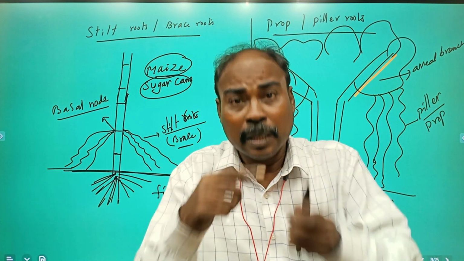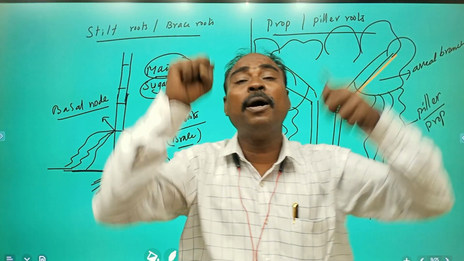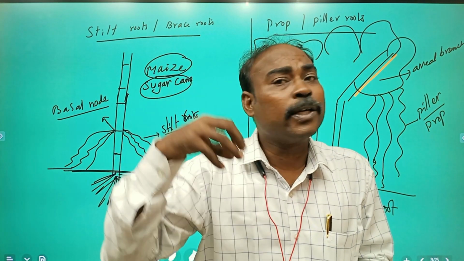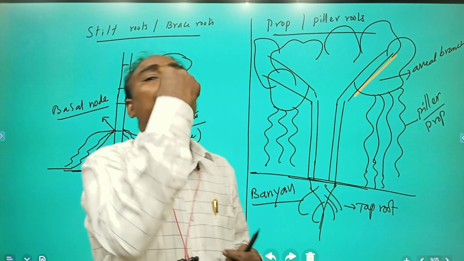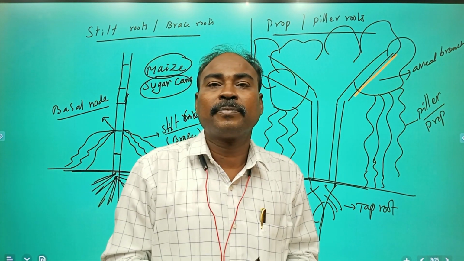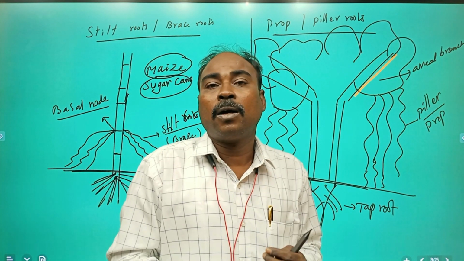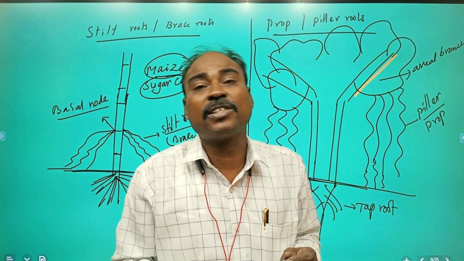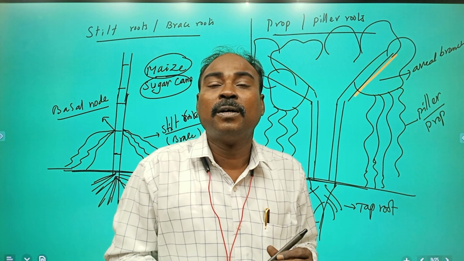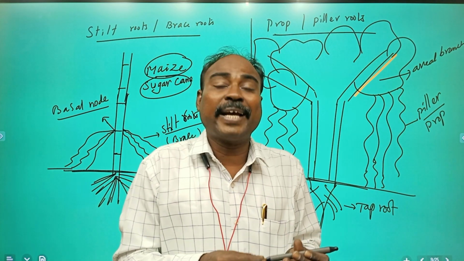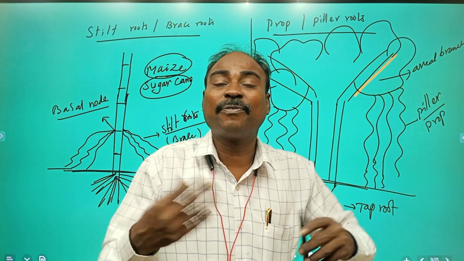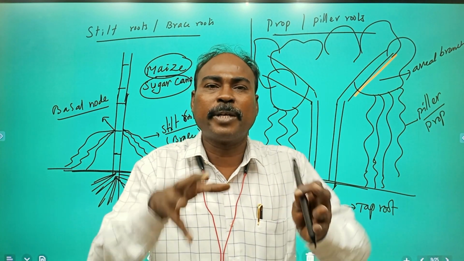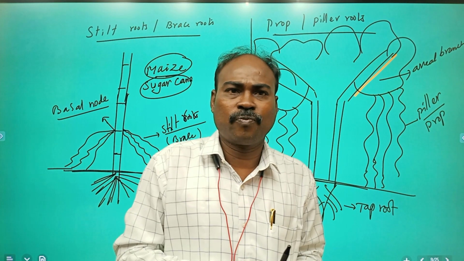In respiratory roots, the modified root absorbs oxygen from the atmosphere. In the epiphytic root, moisture is absorbed by the velamen root. Whereas in the nodular roots, rhizobium inhabits and fixes atmospheric nitrogen. So different kinds of roots modify to perform different functions. These are important root modifications which are prescribed in our syllabus.